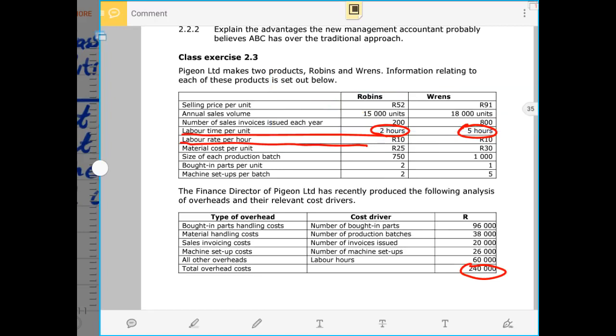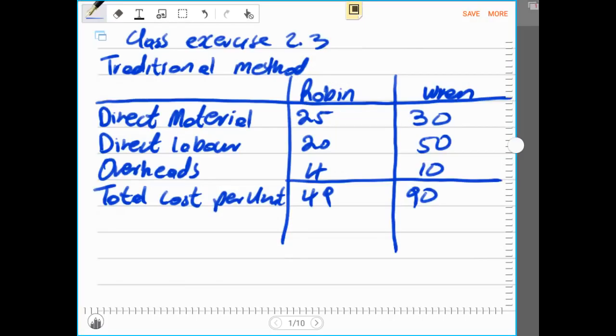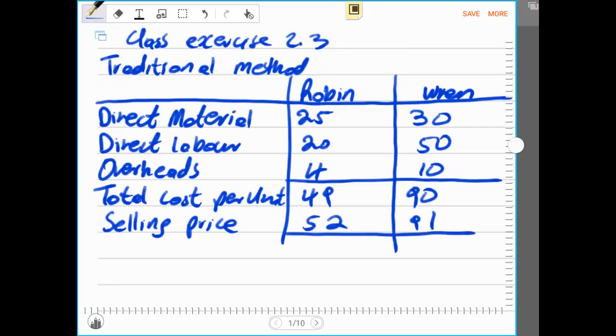We know that the selling price for Robben is 52 rand and 91 rand for REN. So now let us allocate the selling price: 52 rand here, and here it is 91 rand.